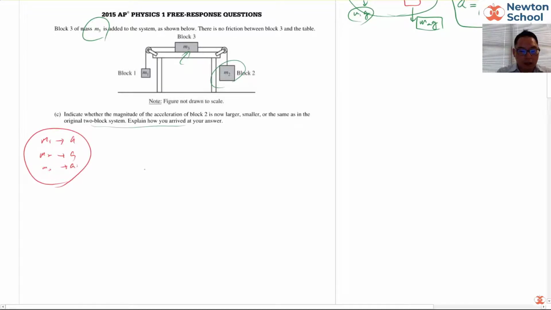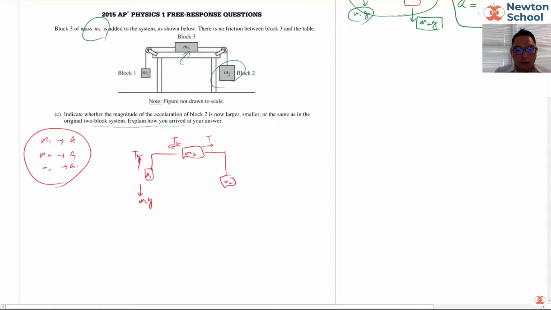Once again, let's think about this. M1, you have M3, then you have M2. So what are the forces? You have M1G, then you'll have tension here, tension there. Actually, I have to write tension left.